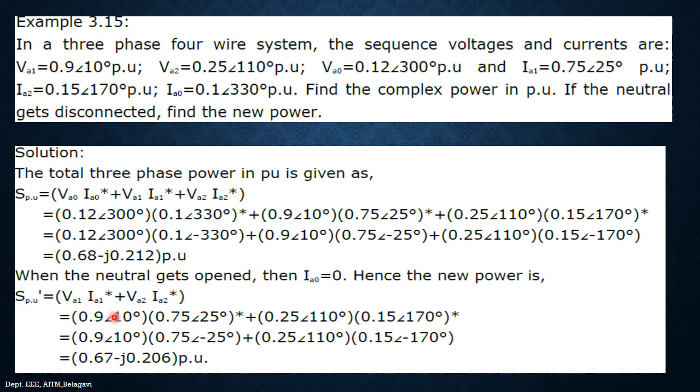If you substitute the respective parameters and simplify further, we get the complex power in per unit as this much. The conjugate means whatever the sign we have, we need to take the opposite of that, so keep that in mind. This is the final solution for this particular problem.